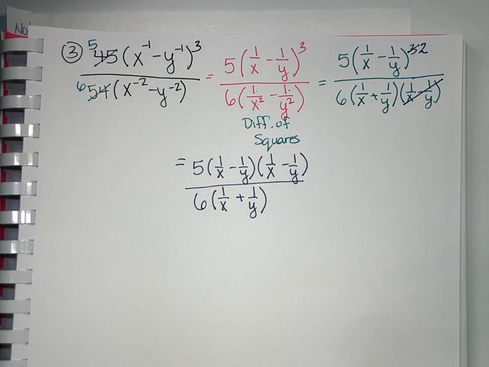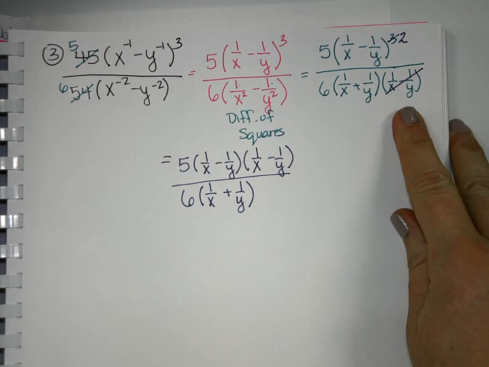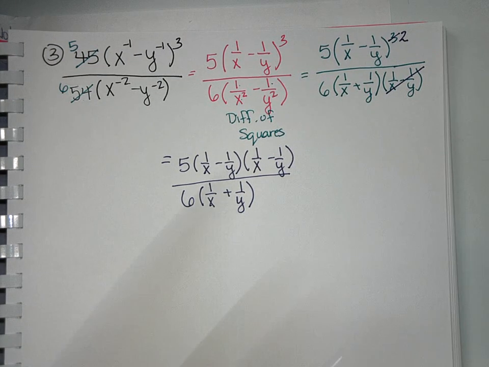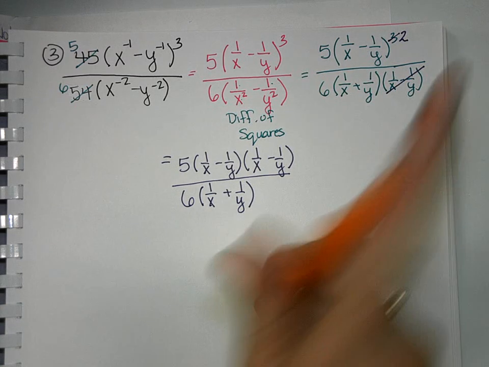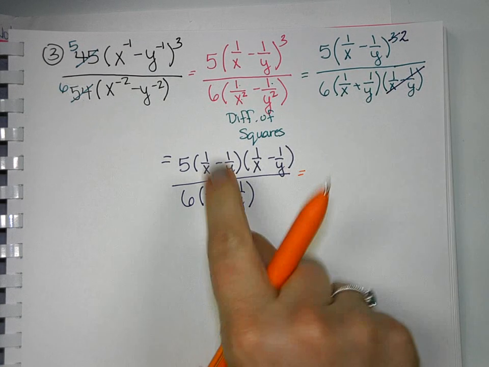So now is the point where I do have to FOIL these two together. But by doing this step first, and by noticing that difference of squares, we've made our multiplying step a lot simpler. So from here, I'm going to multiply these two polynomials together.